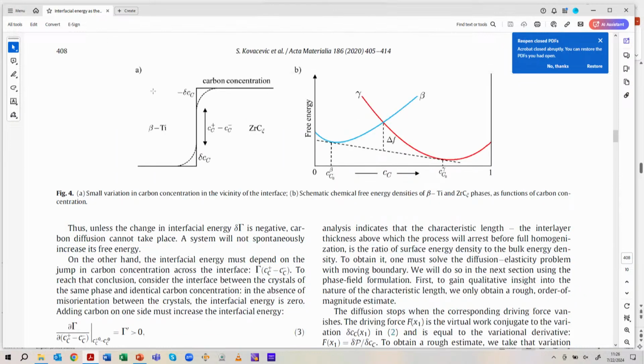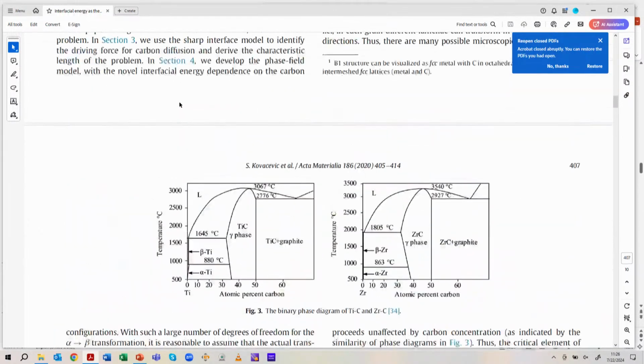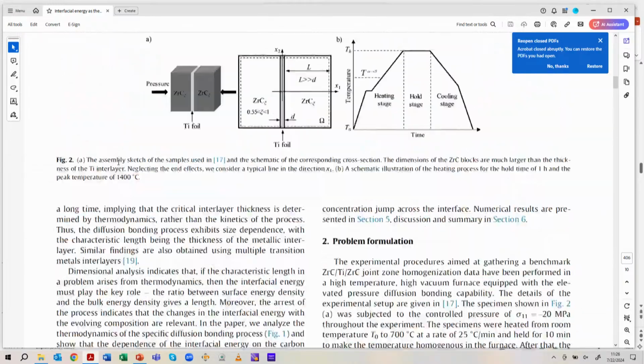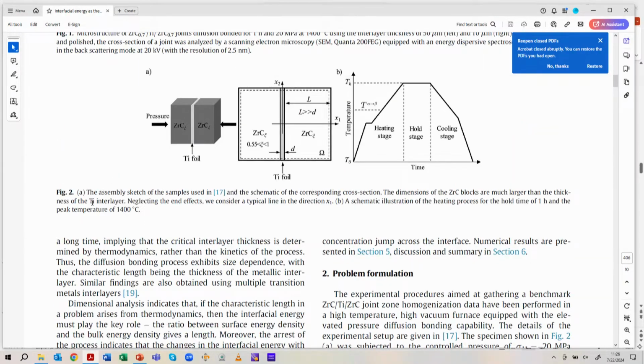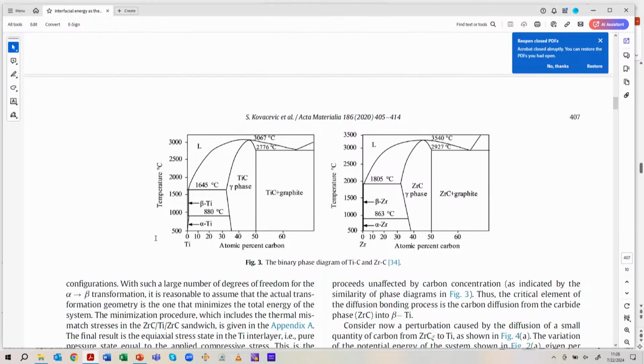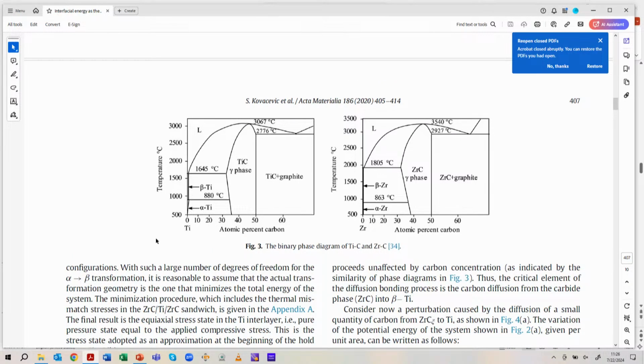Actually, let's look at the phase diagrams first. Well, phase diagrams of titanium-carbon and zirconium-carbon combinations look very similar. So we have beta phase, which is, if I'm not mistaken, BCC, and we have gamma phase, which is, if I remember well, B1 structure.